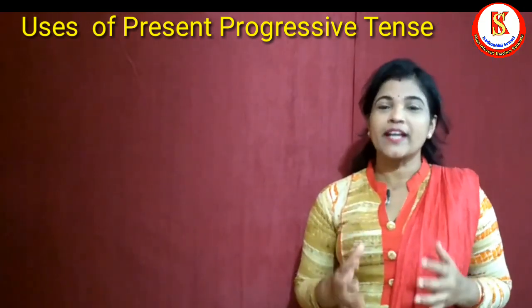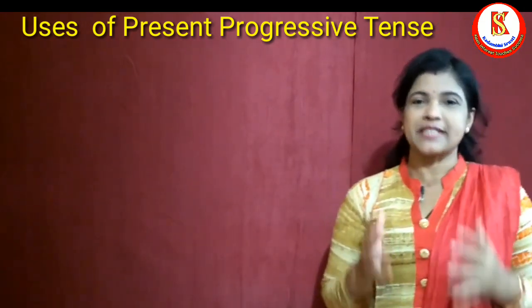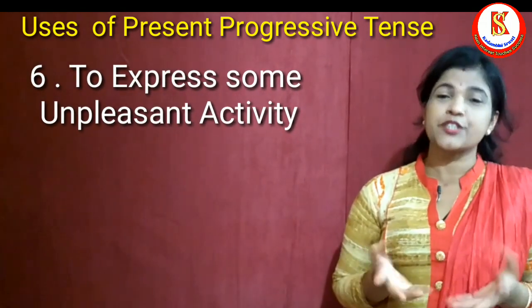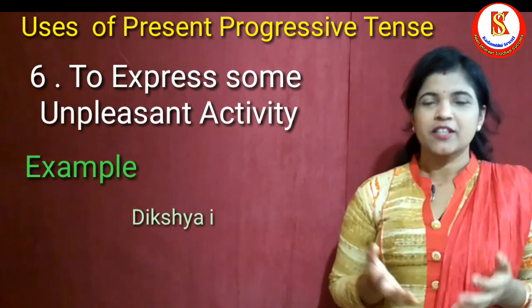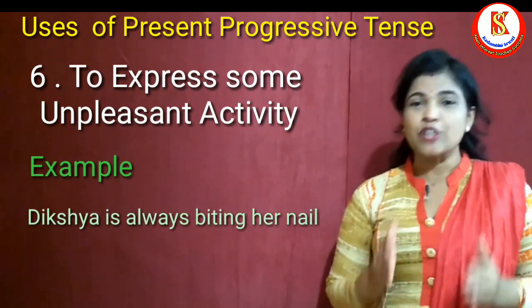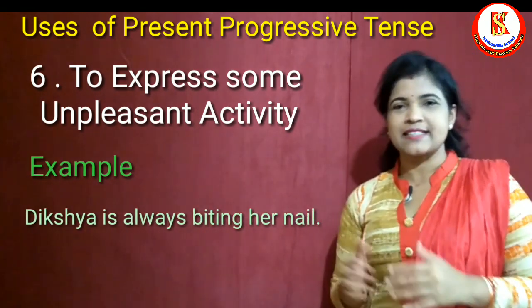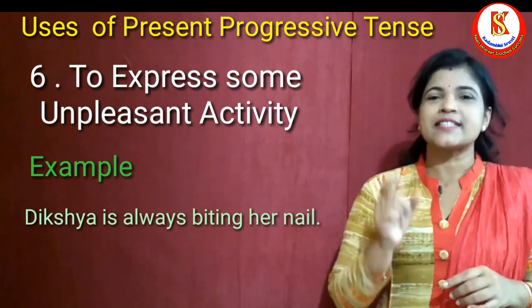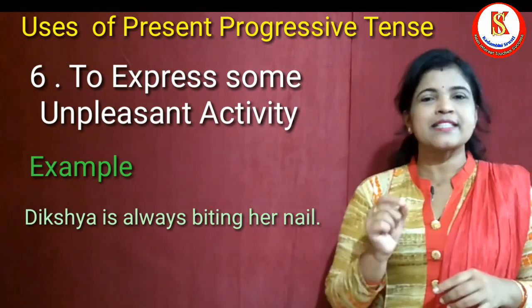The next where we use present progressive tense form is to express some unpleasant activities or unpleasant action. So for example, Diksha is always biting her nails. You just mark here we have used always. Always is generally used with present simple form.